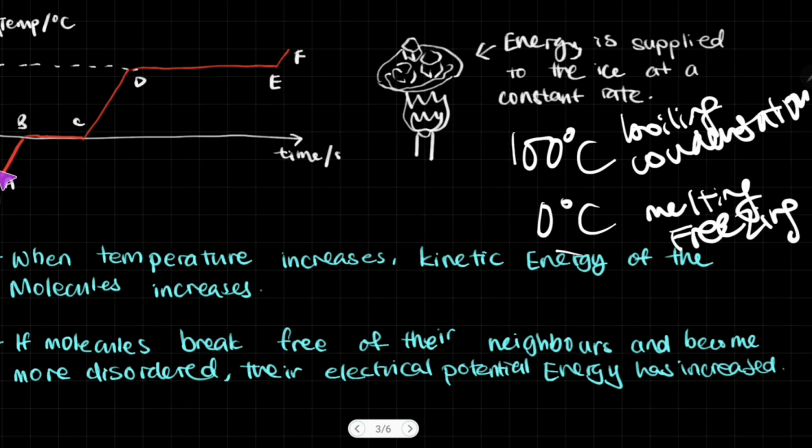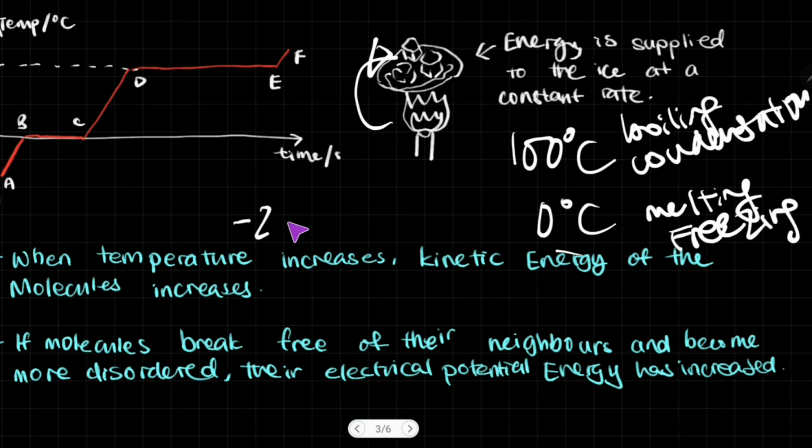Well, when temperature is changing, we can assume that the energy that is being supplied to the ice is being translated into kinetic energy of the water molecules. The water molecules are going to vibrate faster and faster, and that's why their temperature is going to increase. But there's not a big difference in the size or the volume of the ice when it's becoming colder ice to a bit of a warmer ice.